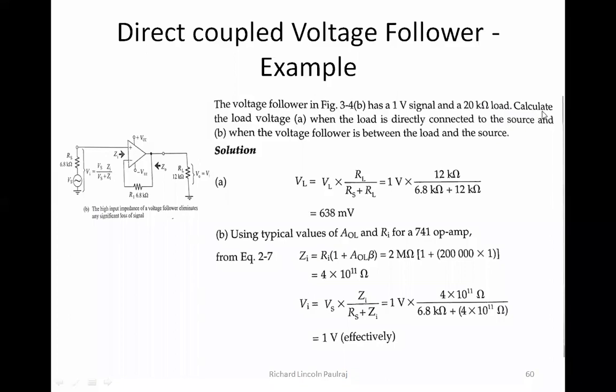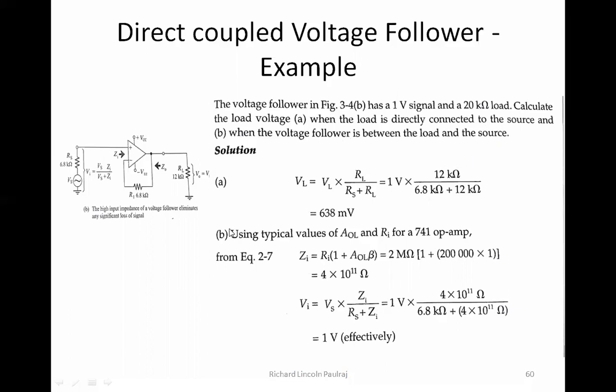20 kilo ohms load, and you need to calculate the load voltage, which is nothing but VL. Two cases are there: when the load is directly connected to the source, and when the voltage follower is between the load and source.